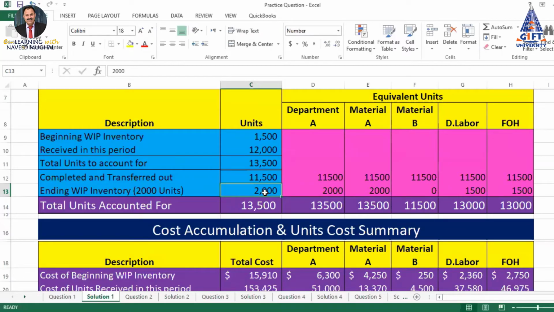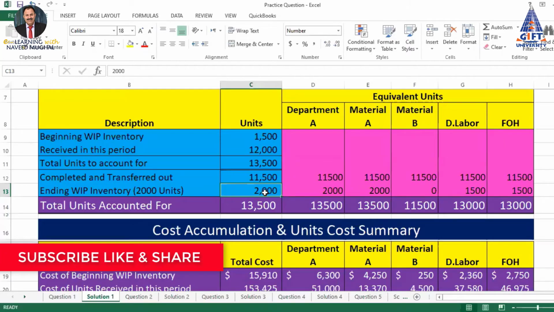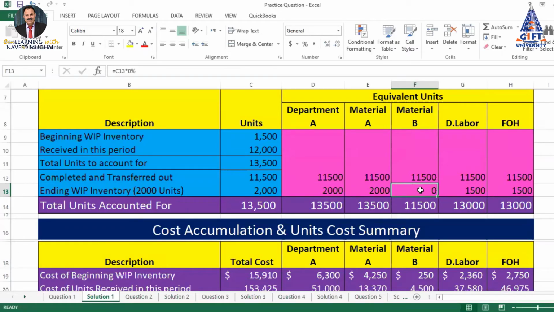So these units have not reached the stage of addition of the second material. That's why we have 0 equivalent units of this. That is 0% completed. It means material B has been applied 0 on these 2000 units. So 0% multiplied by 2000, according to the formula, units multiplied by stage of completion. So that is 0.